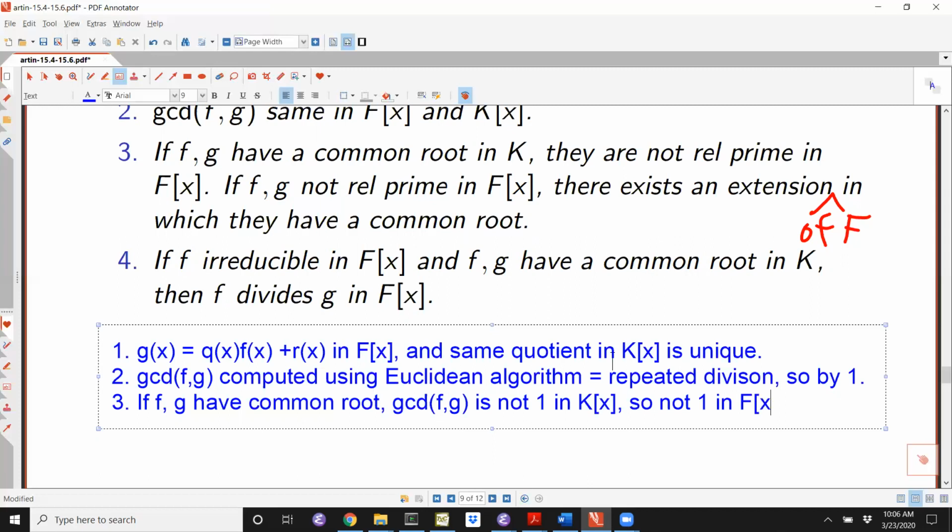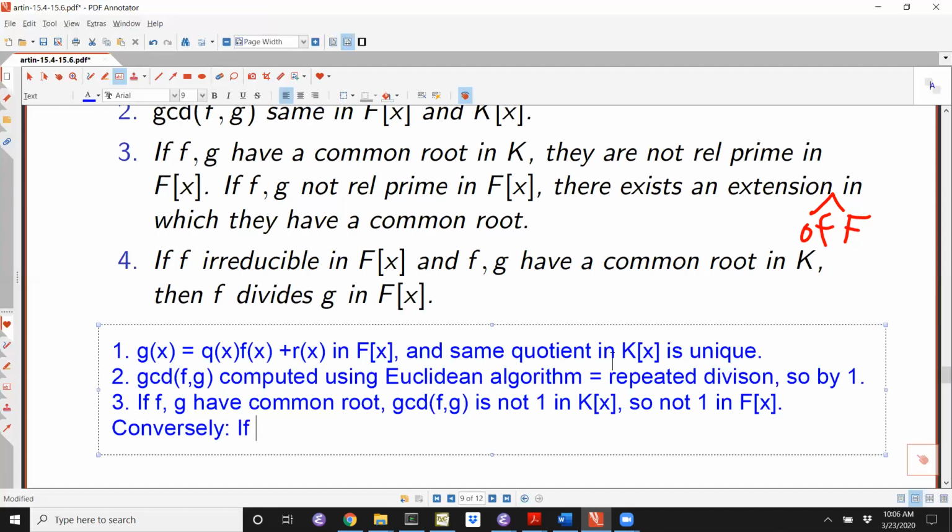Conversely, if f and g are not relatively prime in F[x], that is if the GCD of f and g is equal to d of x, which is not 1, then we can extend F by a root of d.